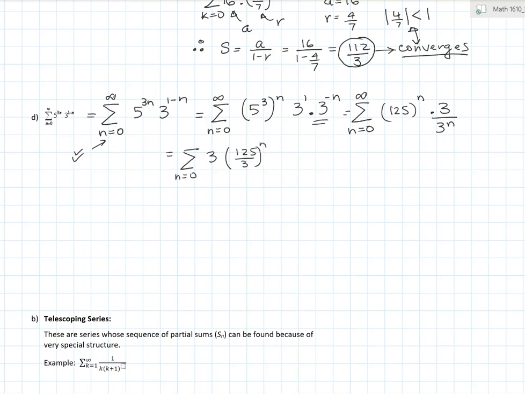So n is going from 0 to infinity, so this must be my a and this must be r. So in this case, r is 125 over 3, and that is clearly greater than 1. Therefore, this series diverges. You cannot use that formula to get the sum because r is greater than 1.